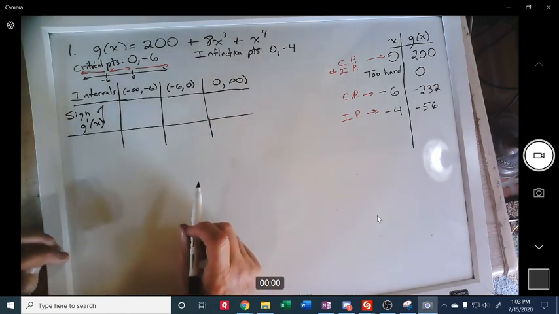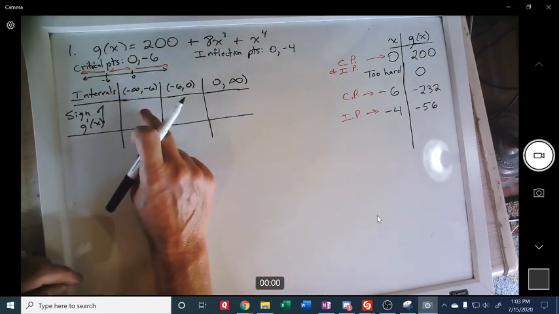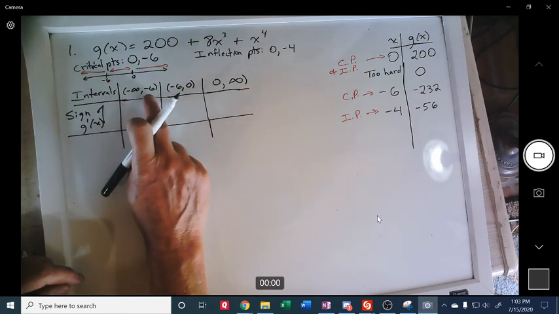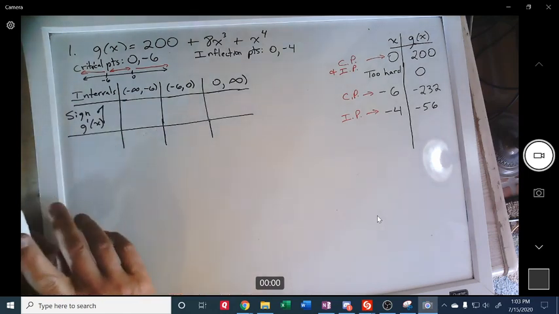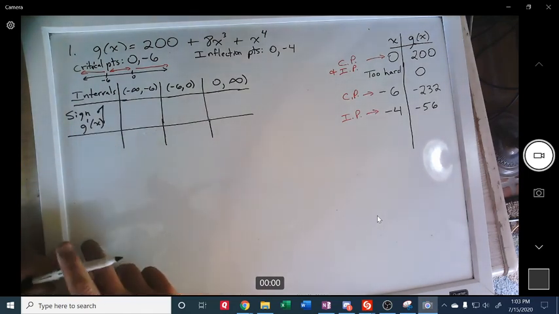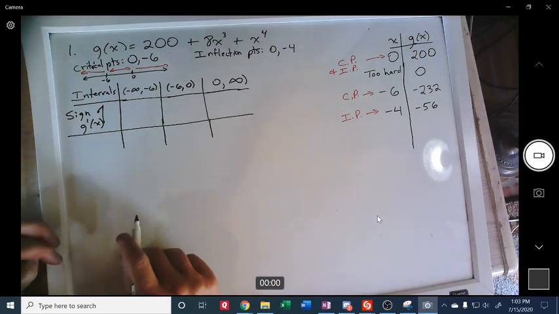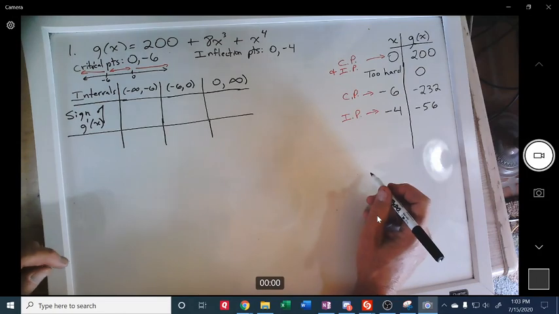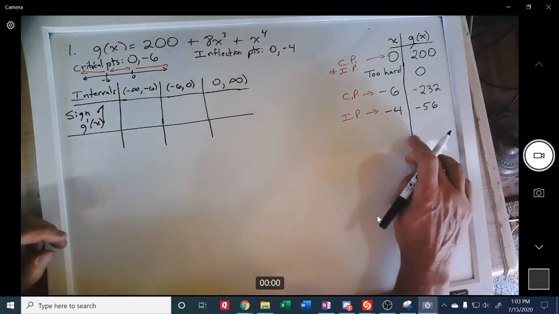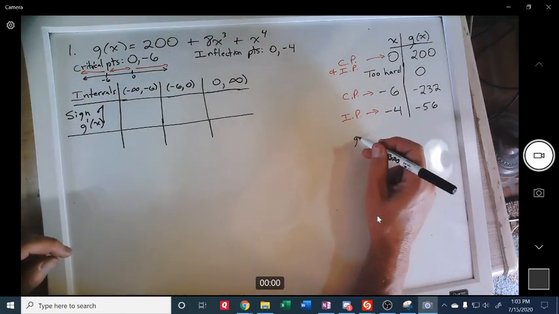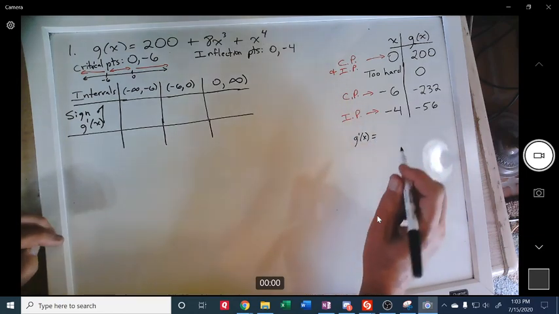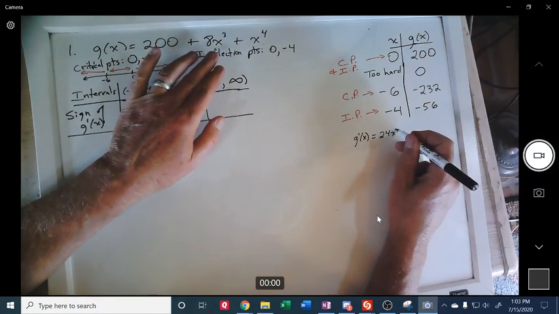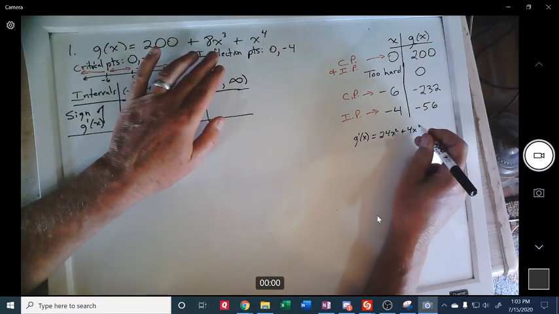So, some point in this interval from negative infinity to negative 6, and we're going to need g prime of x. I had erased that. Let me see where is a good place. Let me just write those right here. G prime of x was 24x squared plus 4x cubed.